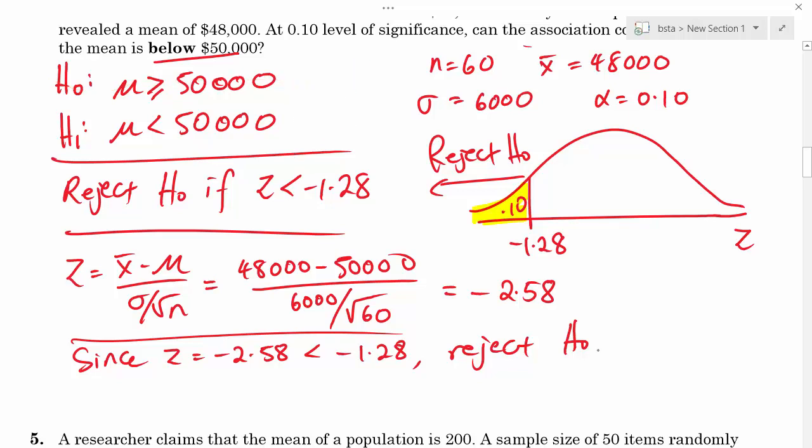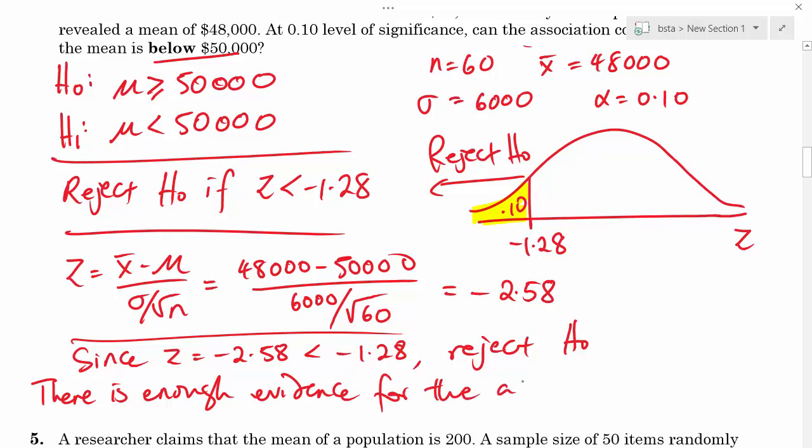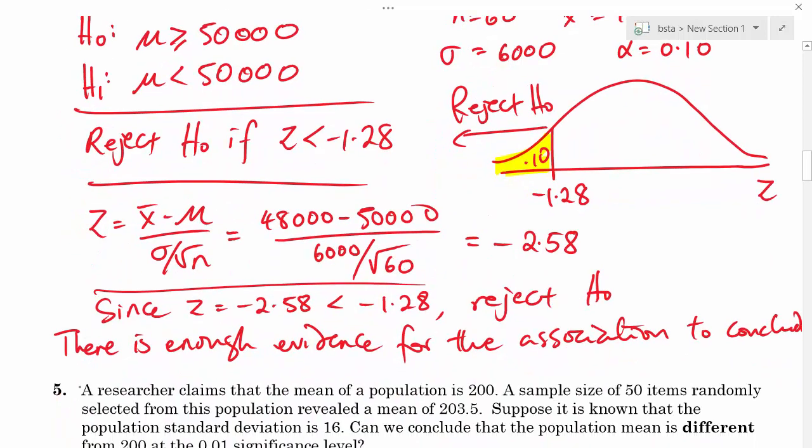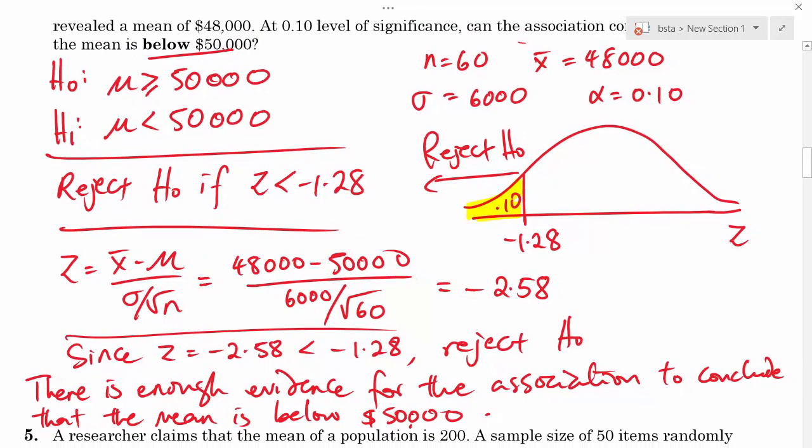So you say there is enough evidence for the association to conclude that the mean is below 50,000. And that's it. So that is your conclusion. So decision and conclusion, and you're done with that hypothesis test.